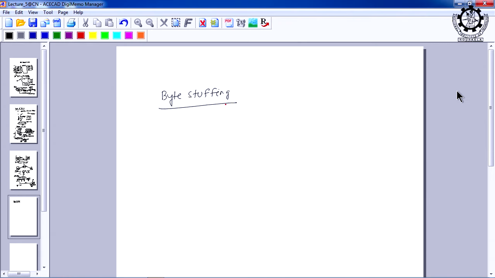So, what byte stuffing does: let us say you have some ASCII characters. When a frame has to be generated out of some characters, let us say A, B, C, D, E, the data link layer of the sender adds a set of characters at the beginning and a set of characters at the end of the data.